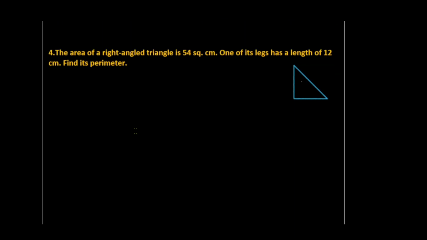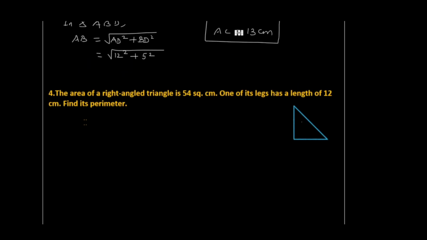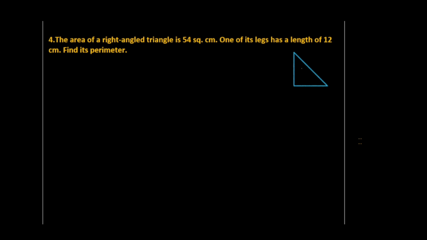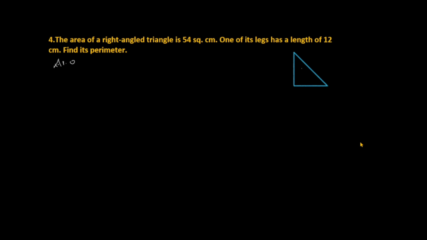Fourth question. The area of the right angle triangle is 54 square centimeter. One of its legs has length 12 centimeter. Find the perimeter. We know very well area of right angle triangle means definitely half into base into height square units.